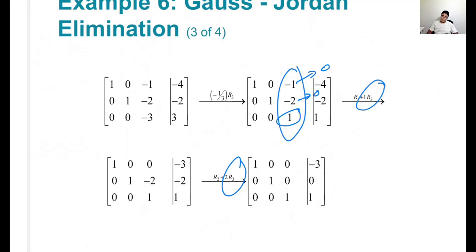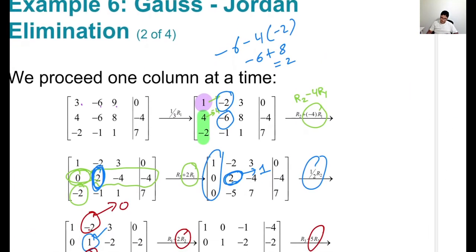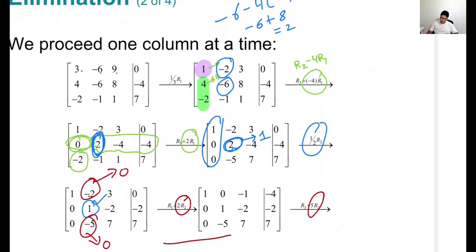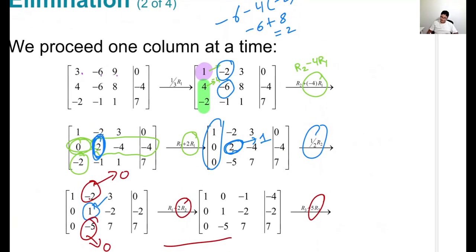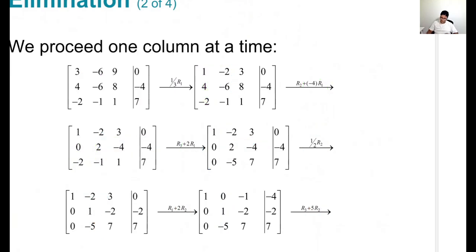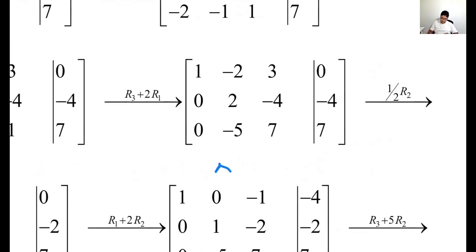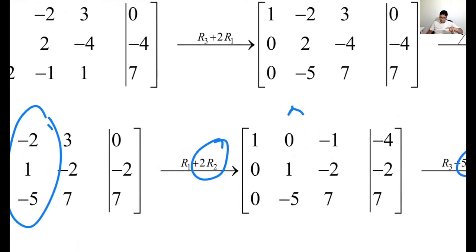Okay. Before that, when we were focusing on the second column, what did we use? Let me zoom out. We used the second row to make the third row elements, that to 0 and that to 0. For that, we use the second row.